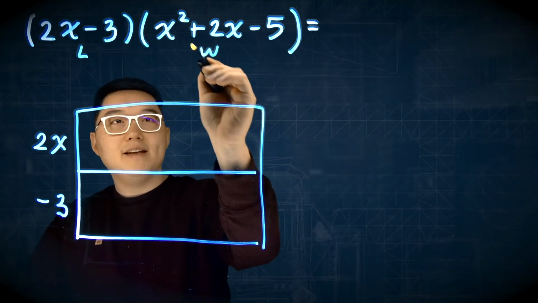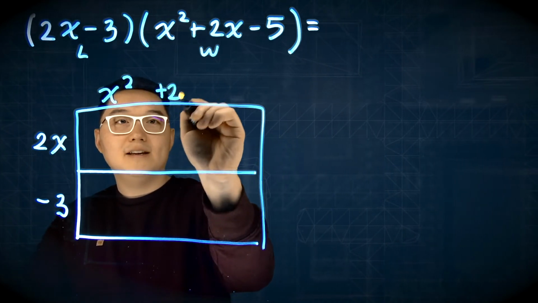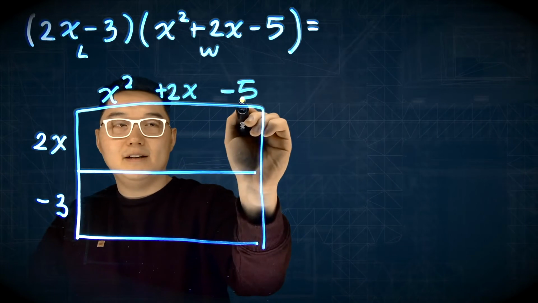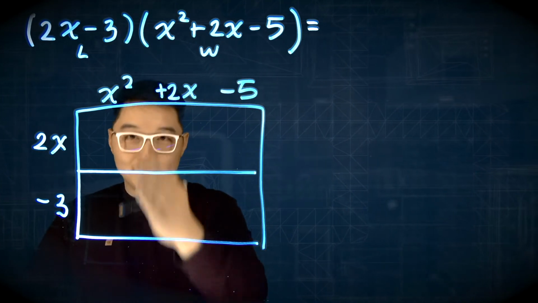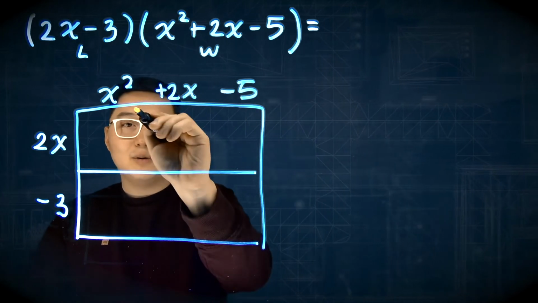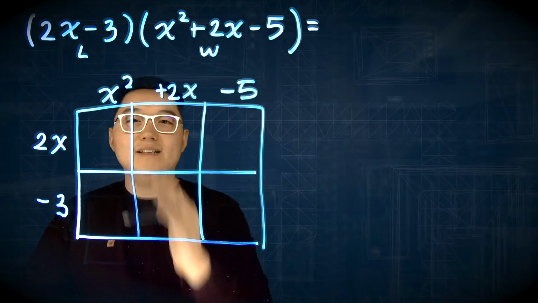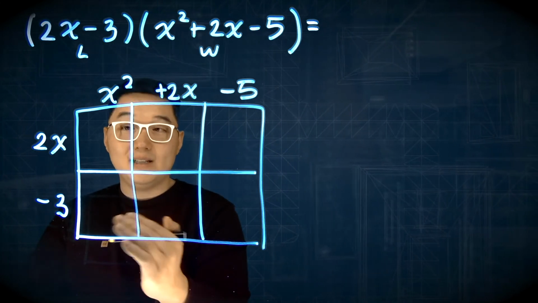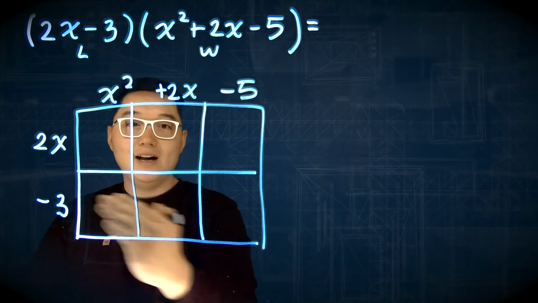The width is x squared plus 2x minus 5. So this divides the rectangle into three sections. So we're going to draw two lines. Now we have 6 total sections, because 2 sections multiplied by 3 more sections gives a total of 6.